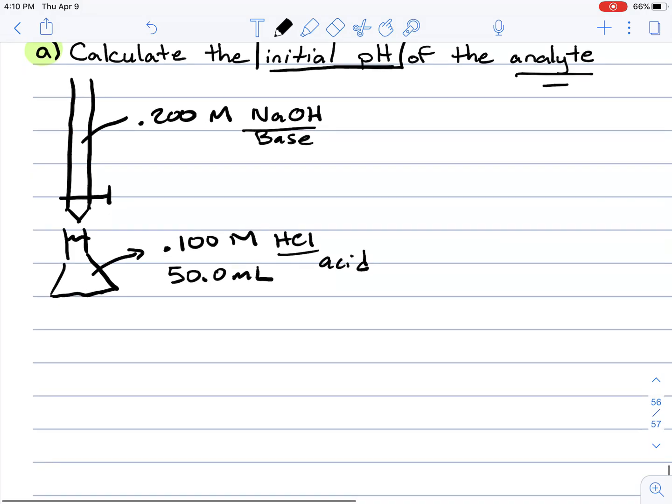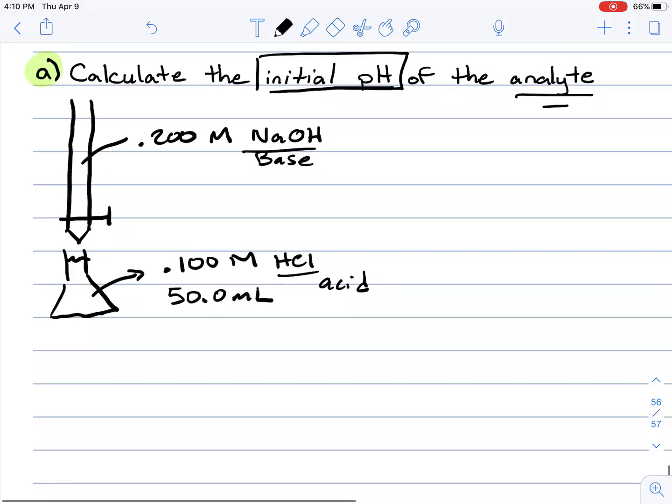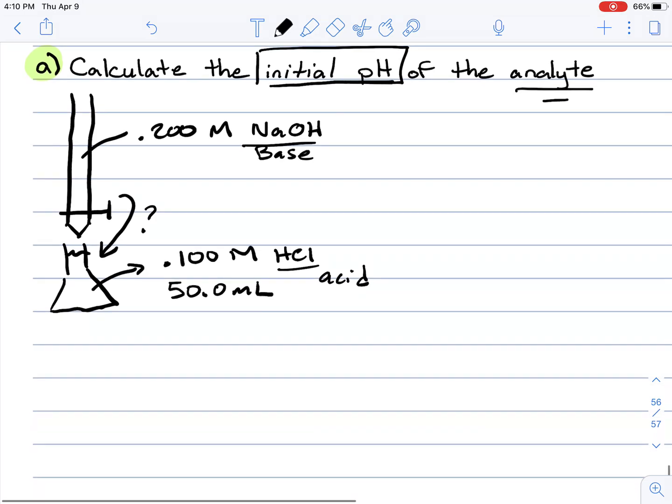When we calculate the initial pH of the analyte, are we placing any volume, any amount of sodium hydroxide from the burette into the Erlenmeyer flask? If you answered no, then you are absolutely correct.